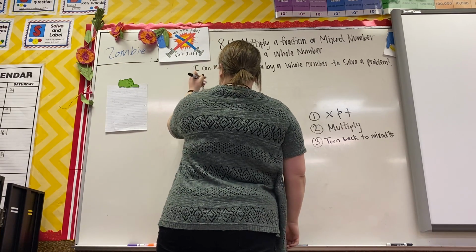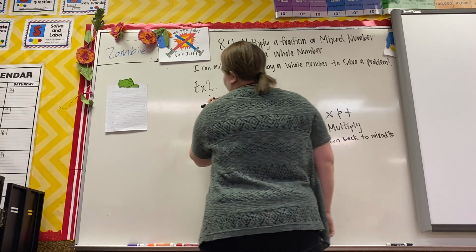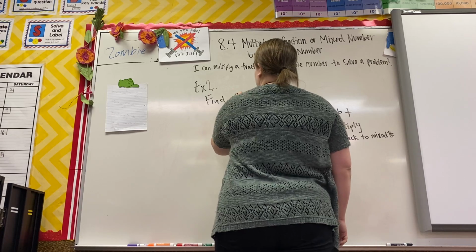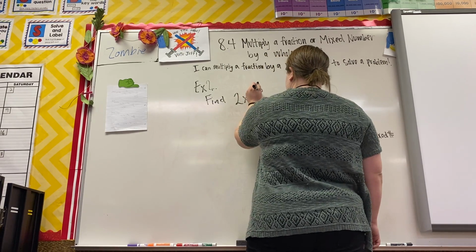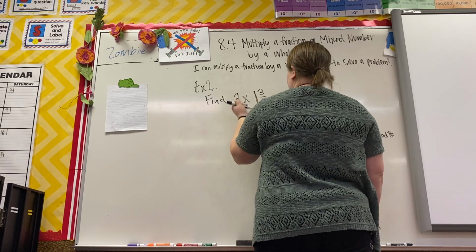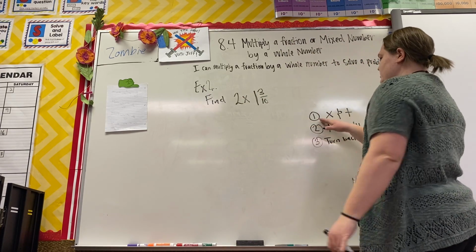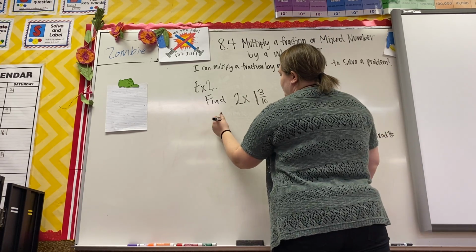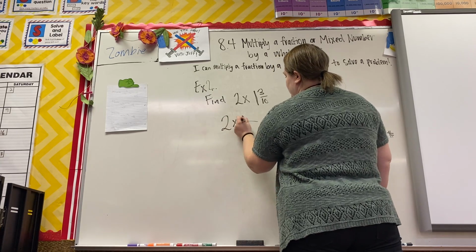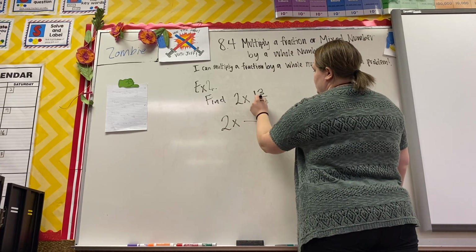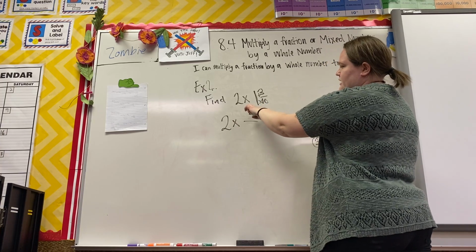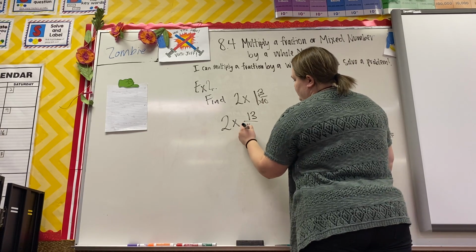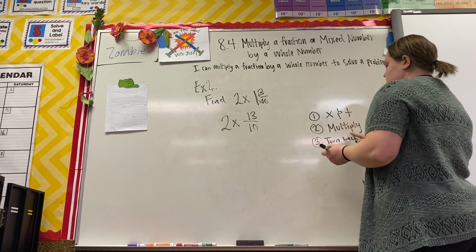Example number 2. We want to find 2 times 1 3/10. Okay, so our first step is to times and add, so change our mixed number into improper. So we'll have 2 times and then our improper fraction. So times and add. 10 times 1 is 10 plus 3 is 13, and then over 10. Okay? Step 2 is to multiply.